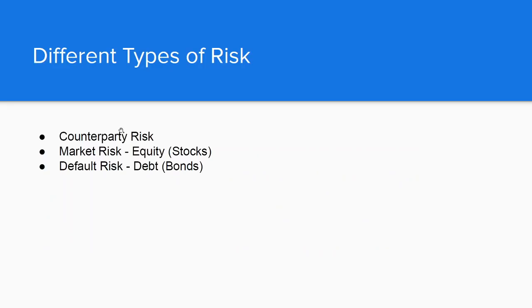Okay, so there are different kinds of risk, right? The most basic one is the counterparty risk. This is the sort of risk that you will have in day-to-day transactions. Think about this, like a friend of yours comes and asks you for a loan.